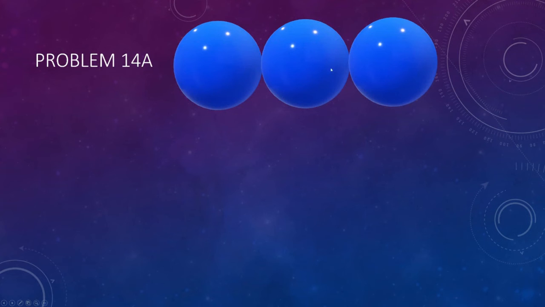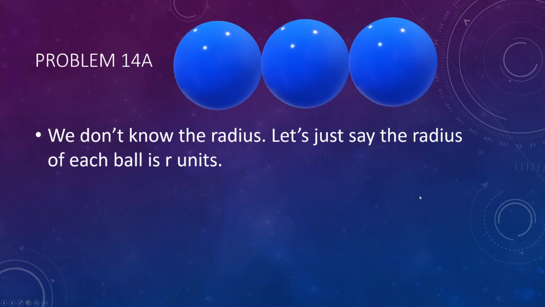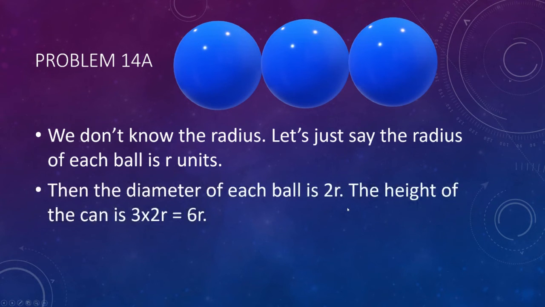So here's my picture. These are my 3 tennis balls, and just imagine that they're inside of a cylinder. For part A, we don't know the radius, so let's just say that the radius of each ball is r units. Then the diameter of each ball is 2r. To get the diameter, we just double the radius. Since we have 3 balls lined up, the height of the can is the distance across 3 balls.